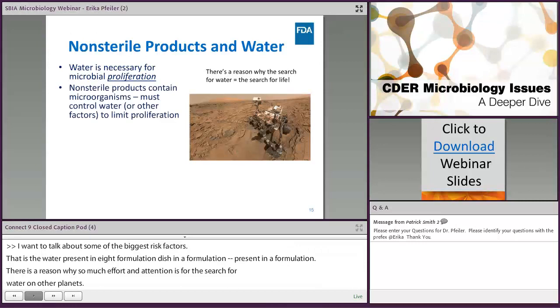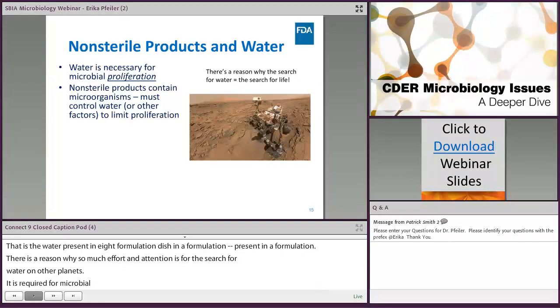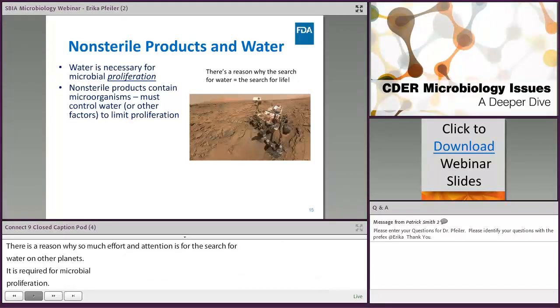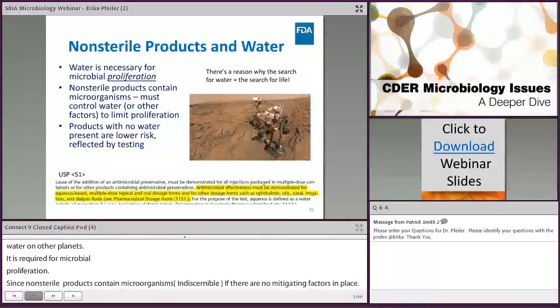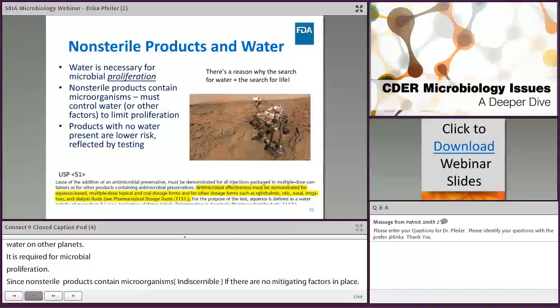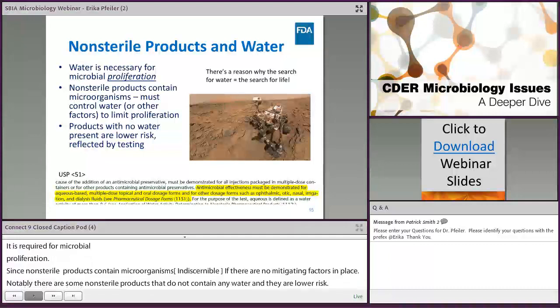Since non-sterile products naturally contain microorganisms, products that contain water are at risk for proliferation if there are no appropriate mitigating factors in place. Now, notably, there are some non-sterile products that don't contain any water, and they're a lower risk. This lower risk is reflected in testing requirements, such as USP 51's requirement for the demonstration of antimicrobial effectiveness only in aqueous dosage forms.